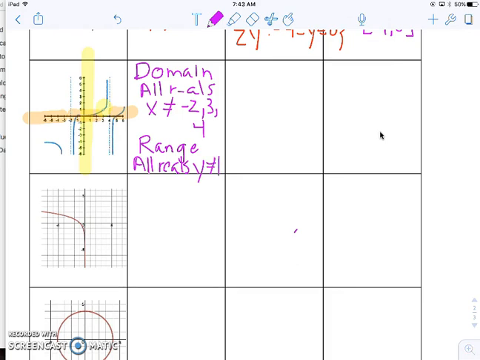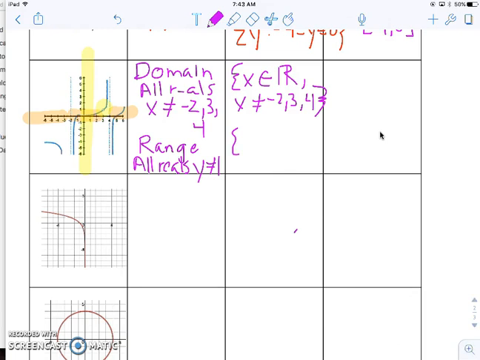So in our set notation, we start with that bracket, x, and this is the notation, we say an element of the reals, so that e means element, and then we can say x does not equal -2, 3, and 4.